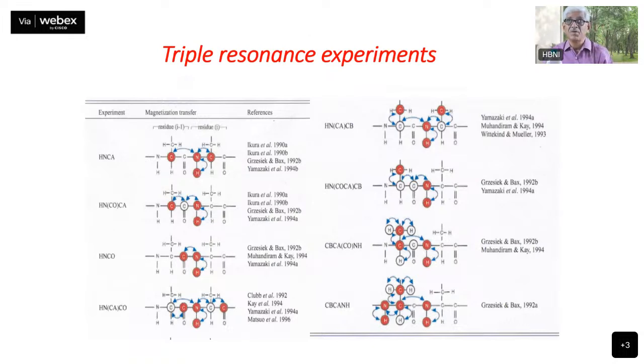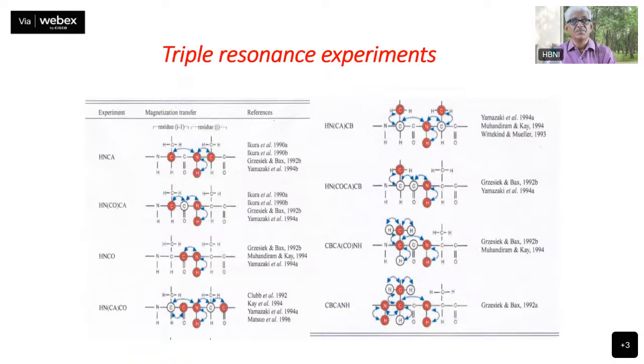Triple resonance experiments are much more demanding, in the sense that hardware wise on the spectrometer you need more infrastructure. As the word triple resonance says, there are three channels. One channel is for proton, which is where you actually measure, one channel is for one nucleus, and another channel is for another nucleus. Typically these are carbon 13 and nitrogen 15.